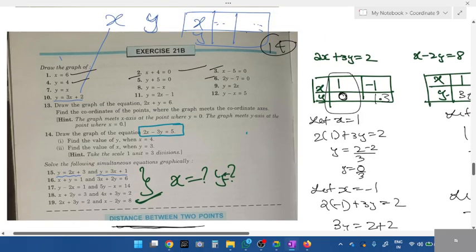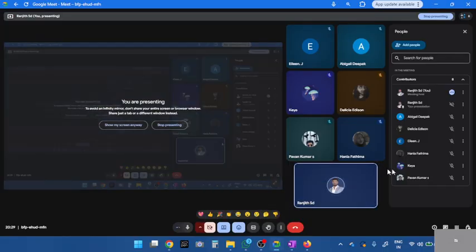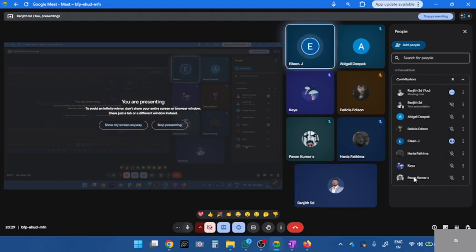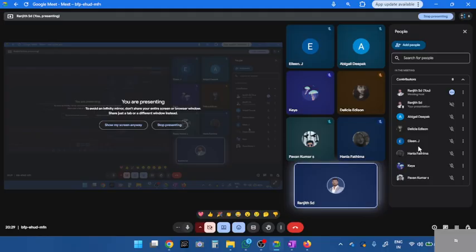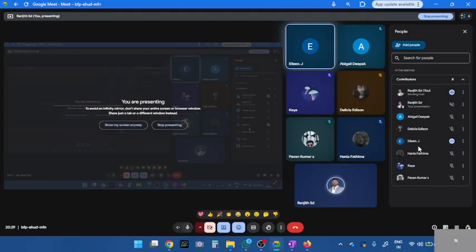What about the other section? Did ma'am start this chapter in the other class? Other students, Kia, even Eileen also didn't inform. Eileen, Anya, you were there. You didn't attend tuition or class.